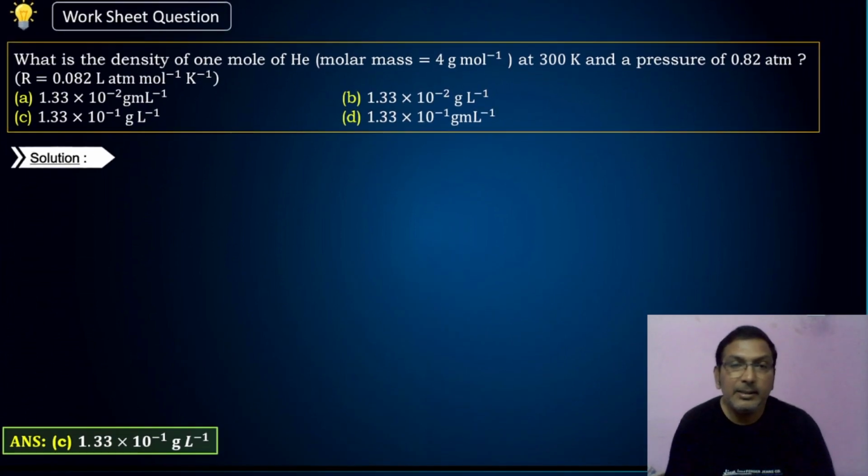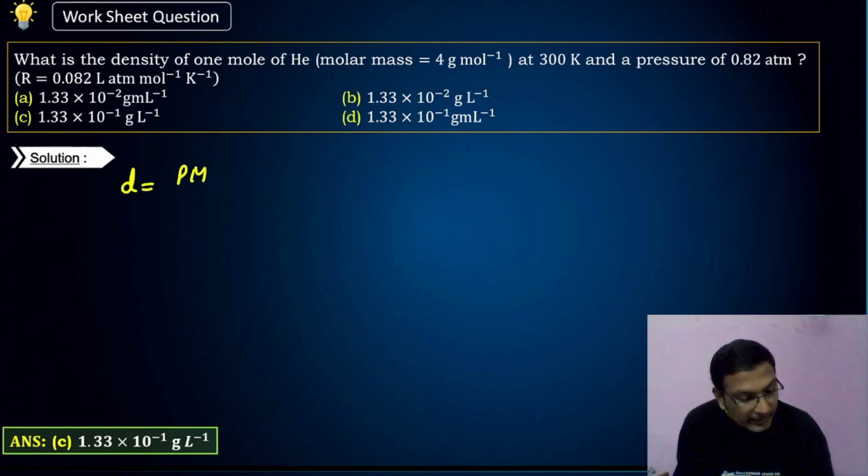So what is the density of 1 mole of helium? Molecular mass we know 4 at 300 kelvins and pressure of 0.82 atmospheres. Take here density Pm by RT. So here pressure is given 0.82 atmospheres. Next molecular mass of helium 4 we know.